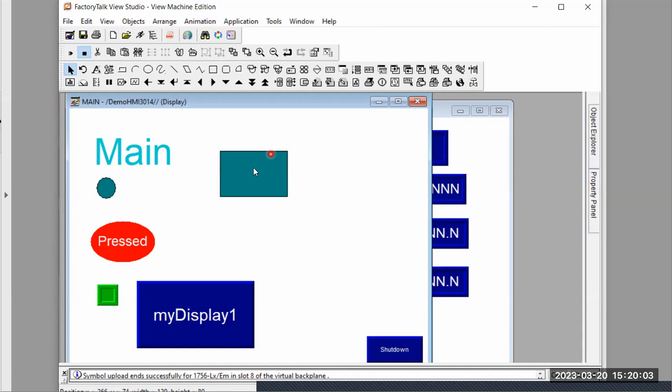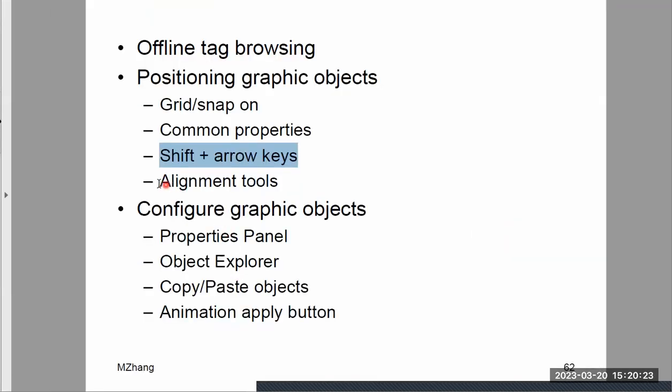So you can see here, in this way. If you work in a very tight area, you can use this shift plus arrow key to make minor adjustments. But you have to click on the object first, right? So that's the shift arrow.